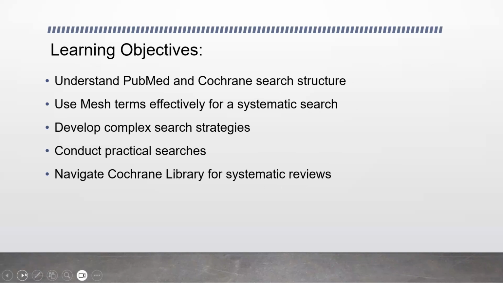The second objective is how you can use search terms effectively for a systematic search. This is very important, especially if you are in health sciences, that you use MeSH terms while you are conducting a systematic search for systematic reviews. The third objective is how you can develop complex search strategies.